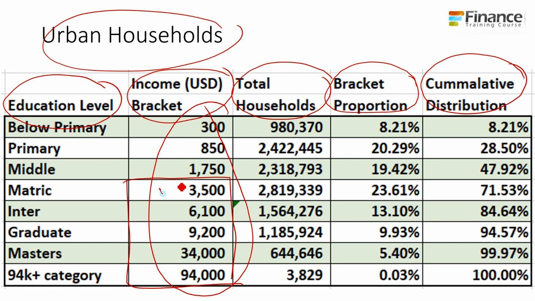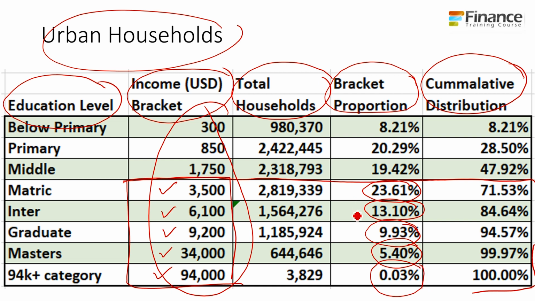So what does this represent as a proportion of the total population? There is your answer. Just the $3,500 bucket is about 23%. The $6,000 bucket is about 13%. The $9,000 bucket is about 10%. The $34,000 bucket is about 5%. And the $94,000 bucket is a very small 0.03%.